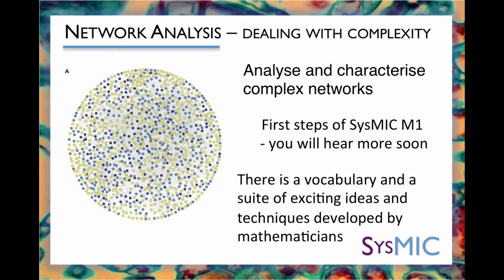Of particular interest to life scientists working through SysMIC, I hope, will be something not irrelevant to most biologists, which will be the analysis and understanding of networks. And by that I mean the interactions of parts. A fundamental principle of life sciences is that it's not about the scale of things.